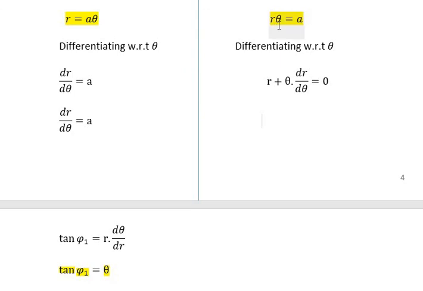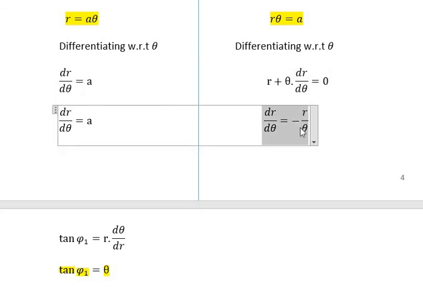So r plus keep θ as it is, and derivative of r is dr/dθ, derivative of a is 0. So, the derivative of rθ = a with respect to θ is r + θ dr/dθ. So, dr/dθ = -r/θ.